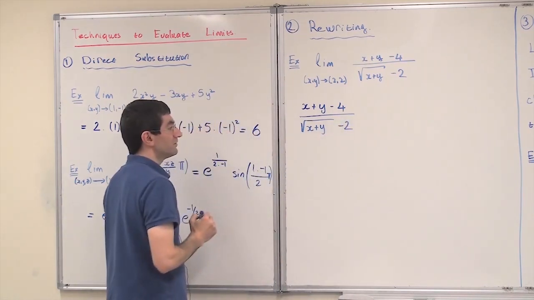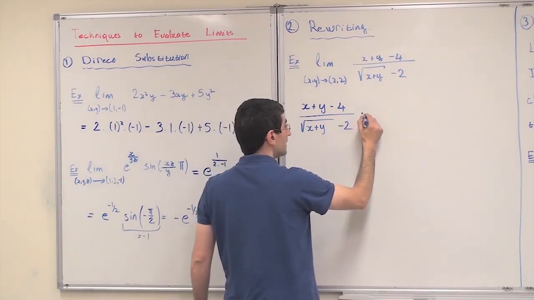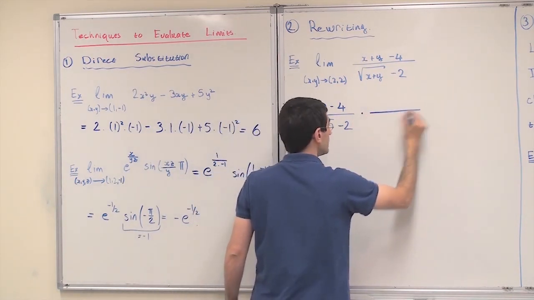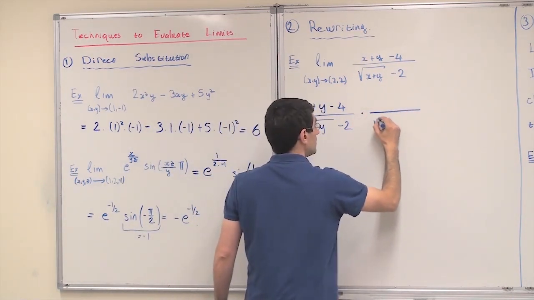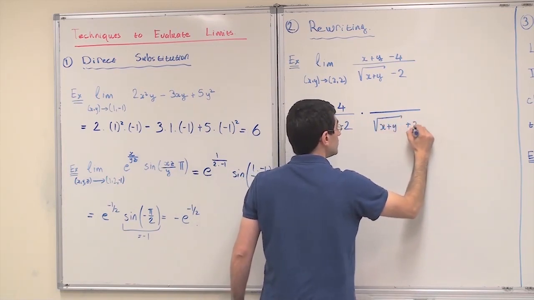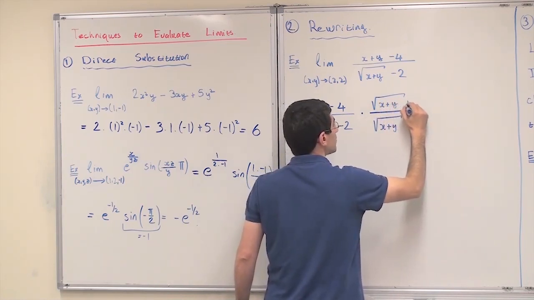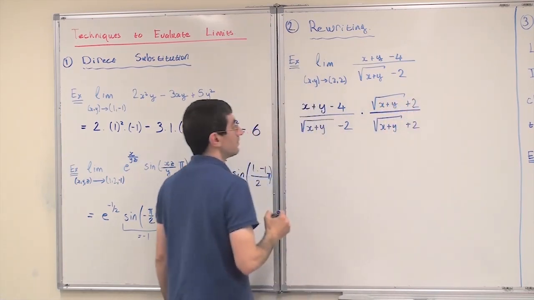In order to rewrite this function, I'm going to multiply it with the conjugate of the denominator, which is square root of x plus y plus 2.